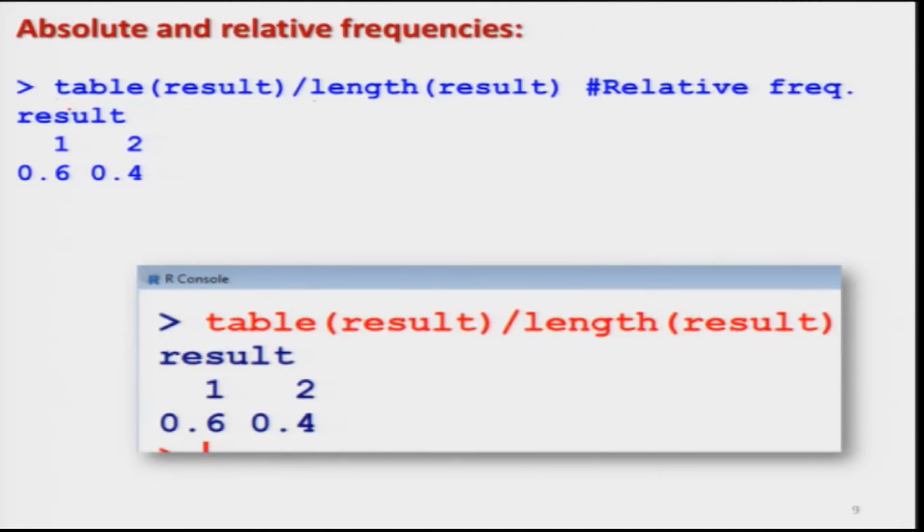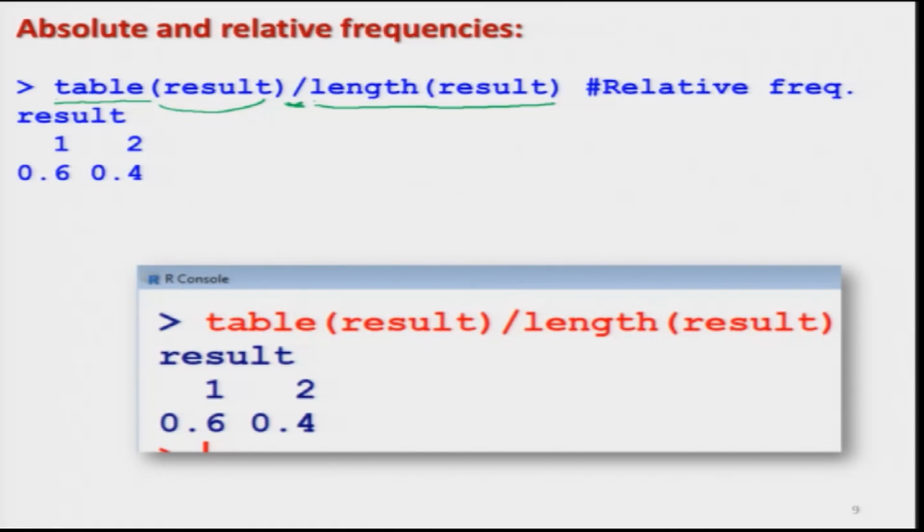Similarly, if you want to obtain the same result with respect to the relative frequencies, what do we have to do? I would write the same command table, inside the argument the data vector whose name is result, and I would divide it by the length of the data vector.